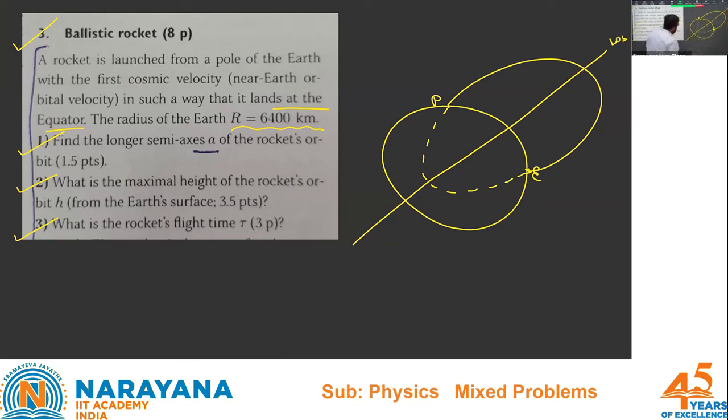Now, the focus of this ellipse should coincide with the center of Earth. But because of the mass distribution, the mass of this rocket I am presuming to be very, very small in comparison to the mass of Earth.